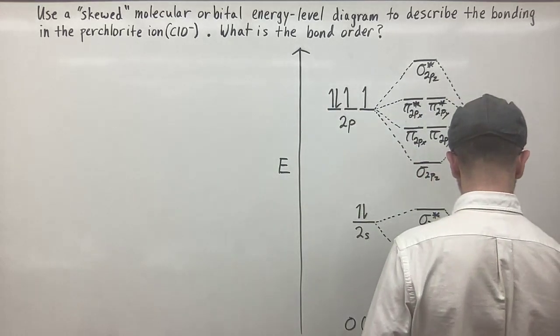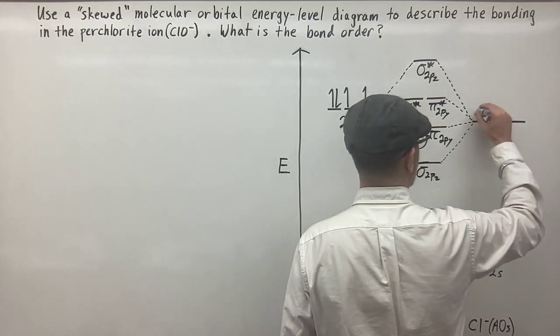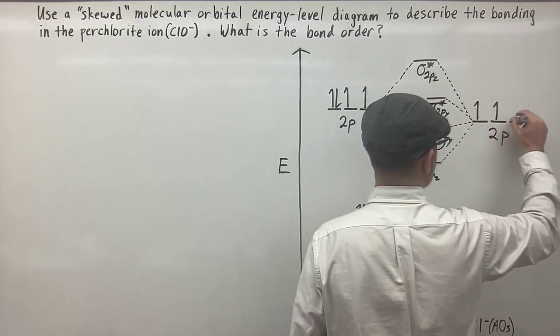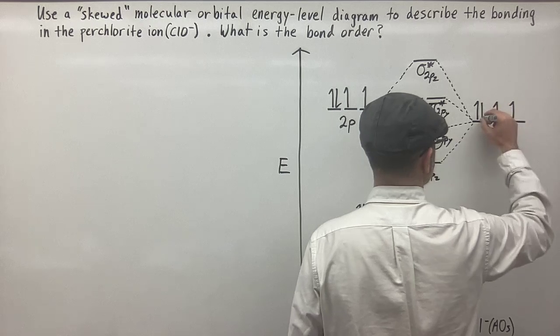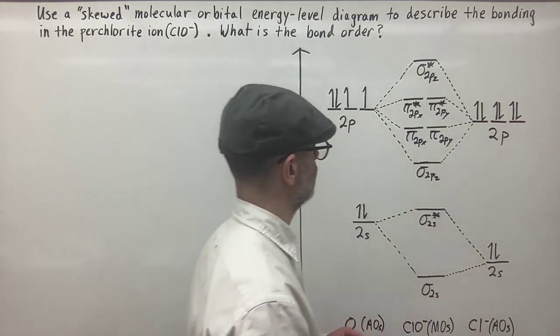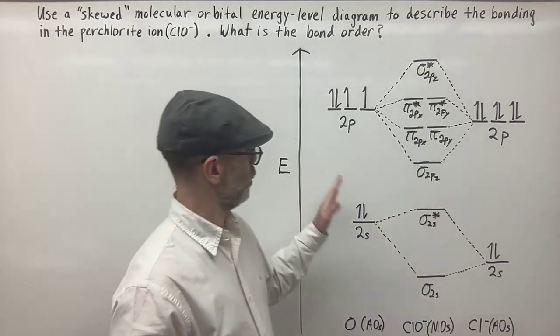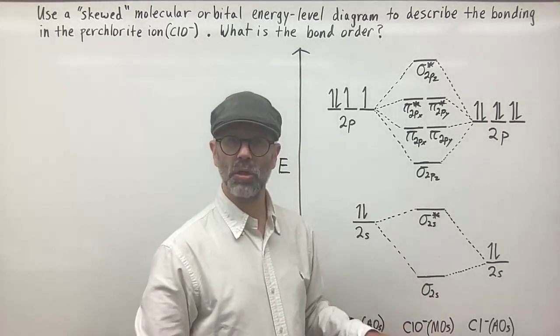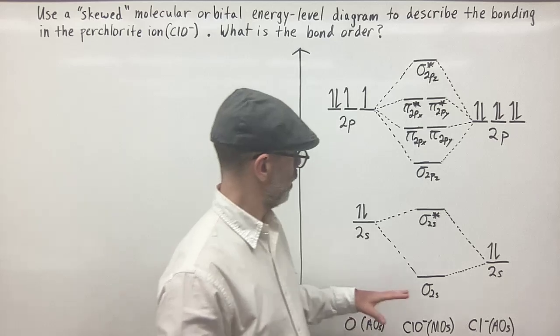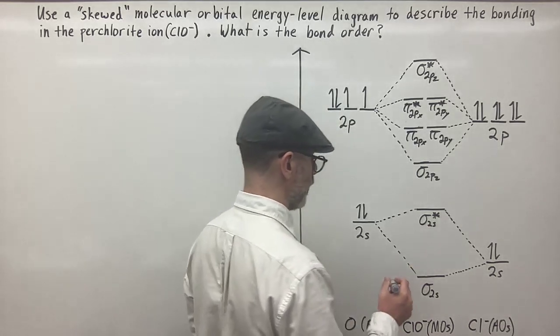So we have spin up, spin down. That's 1, 2. And then we have 6 more. Spin up, spin up, spin up, spin down, spin down, spin down. So there's 8. Now we have 8 on this side, and 6 on the other, so that is going to be 14 total. So we're going to fill in the molecular orbital diagram.